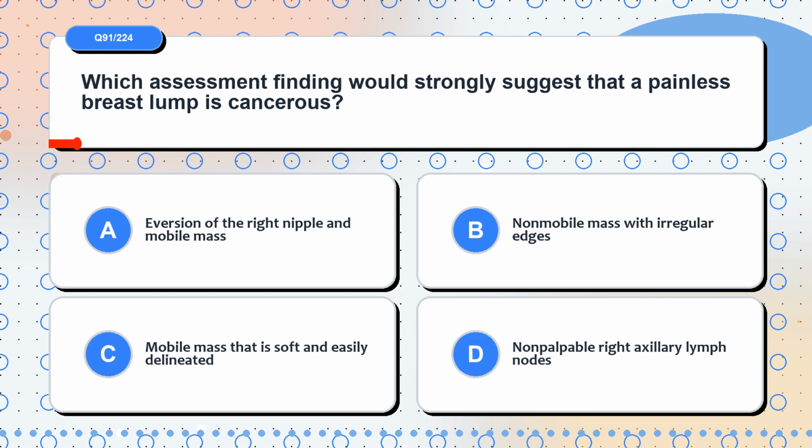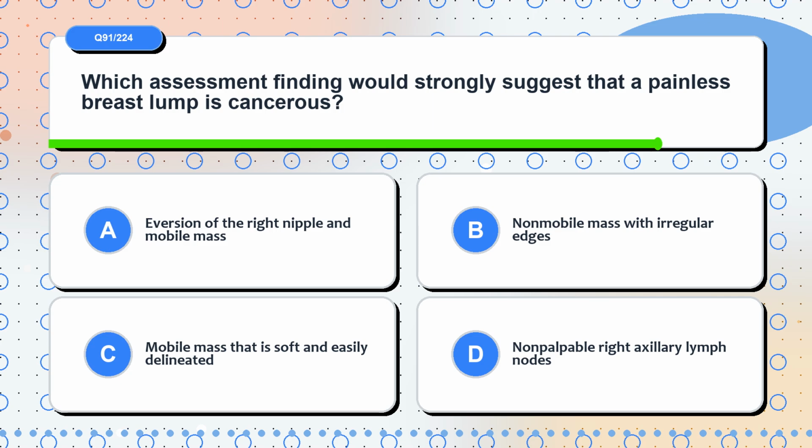Question 91. Which assessment finding would strongly suggest that a painless breast lump is cancerous? Here are the options. Option A. Eversion of the right nipple and mobile mass. Option B. Non-mobile mass with irregular edges. Option C. Mobile mass that is soft and easily delineated.